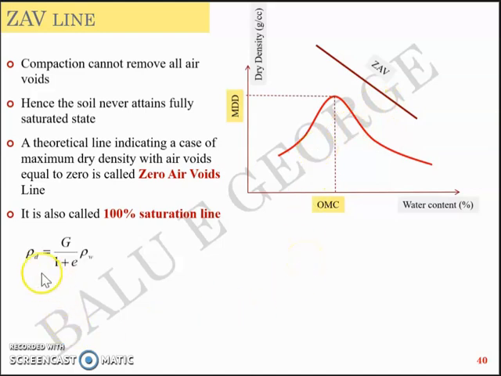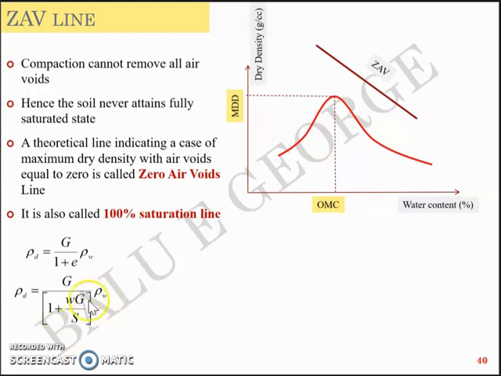The expression is rho d equals G rho w by 1 plus e. This is the same equation that we are familiar with in the first module, three-phase system diagrams: rho d equals (G plus Se) rho w by 1 plus e. When you have S equal to 0 for the dry case, you have rho d equal to G rho w by 1 plus e. But I can replace e as wG by S, with the basic relation that we are familiar with.